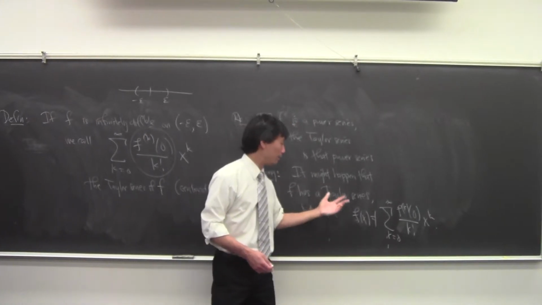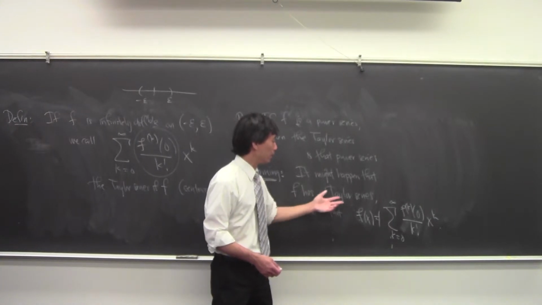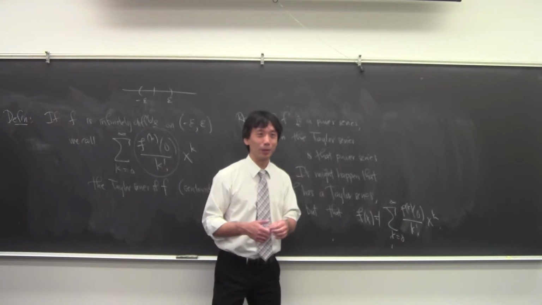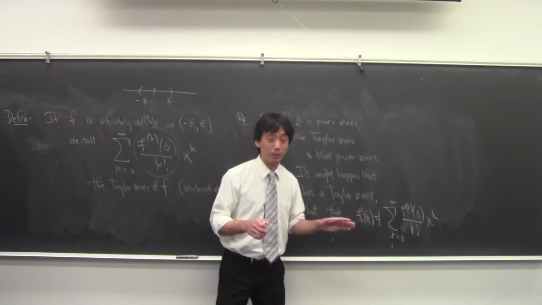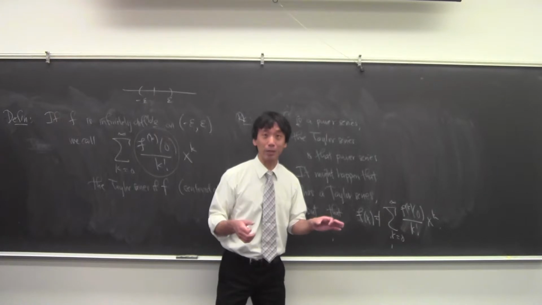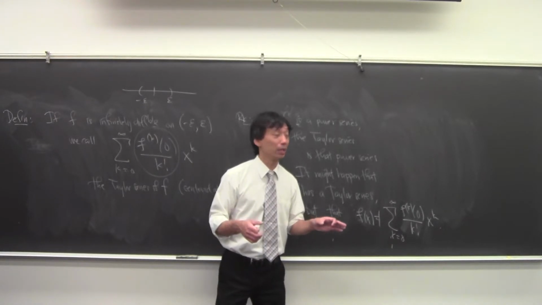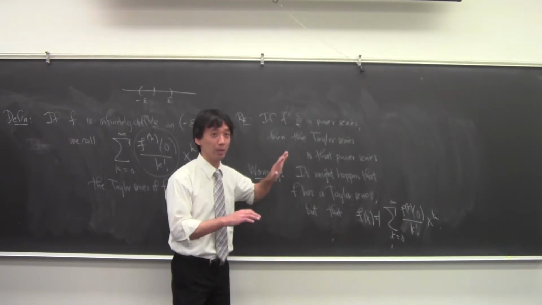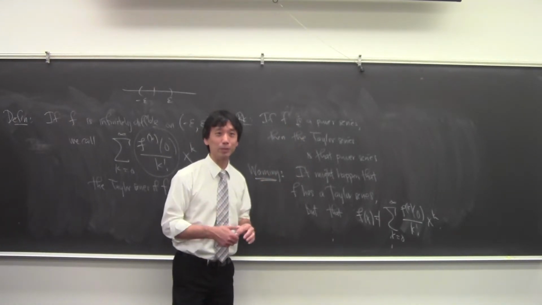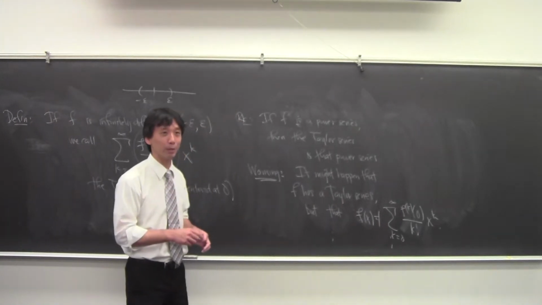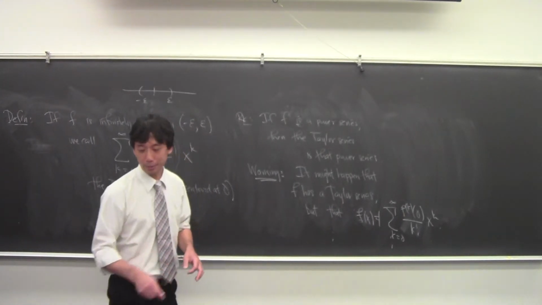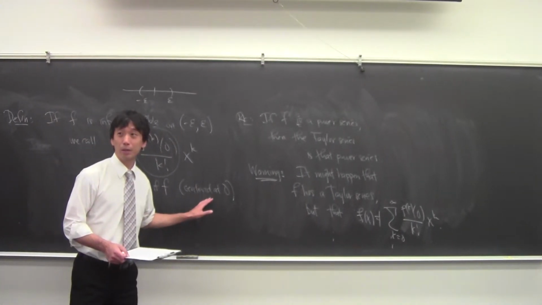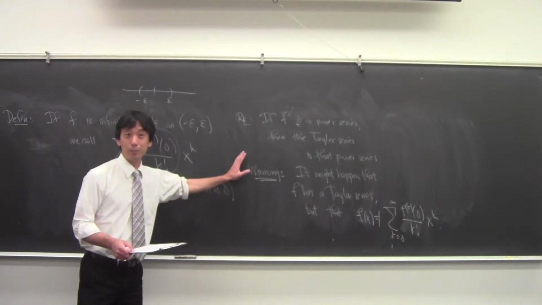In that case, your function might have a Taylor series, but that Taylor series is not your function. So the Taylor series doesn't necessarily give you back your function. If your function is a power series, then it works out. But if it's not, then all bets are off. You might not get back your original function. We'll give you an example of that in a second.